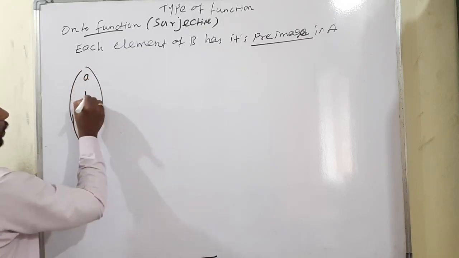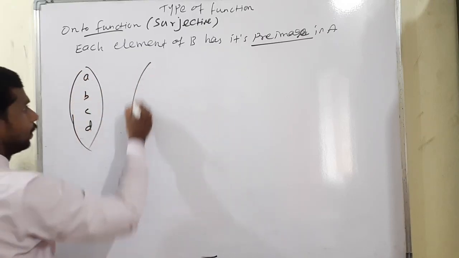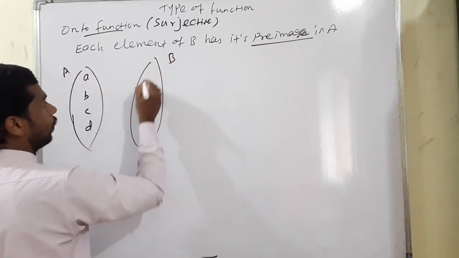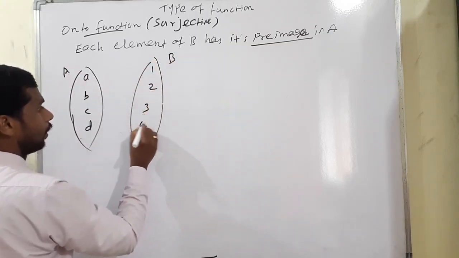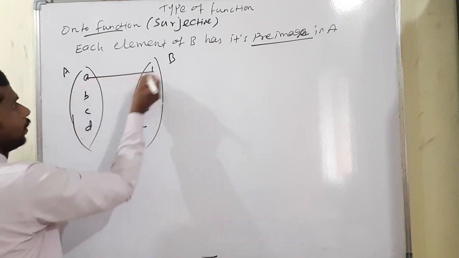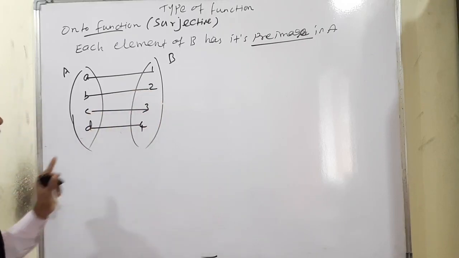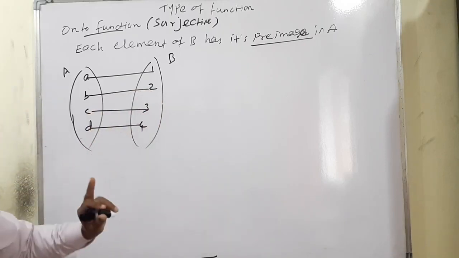This is considered for A, B, C and D, this is called the domain. This is called the codomain, 1, 2, 3 and 4. So mapping A to 1, B to 2, C to 3 and D to 4, definitely we can say it is an onto function.